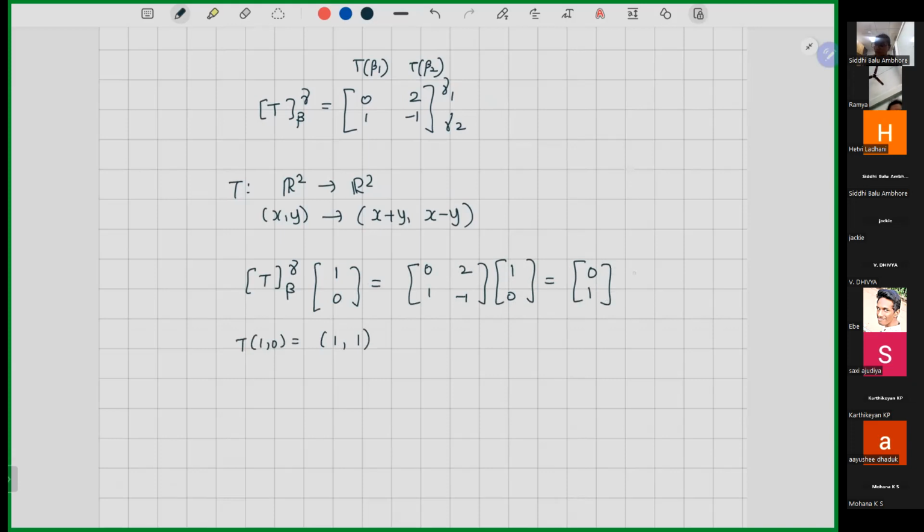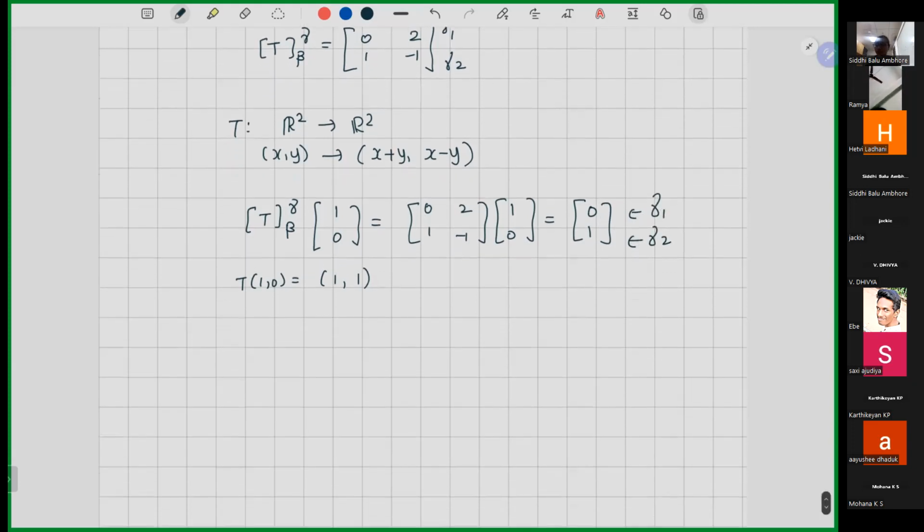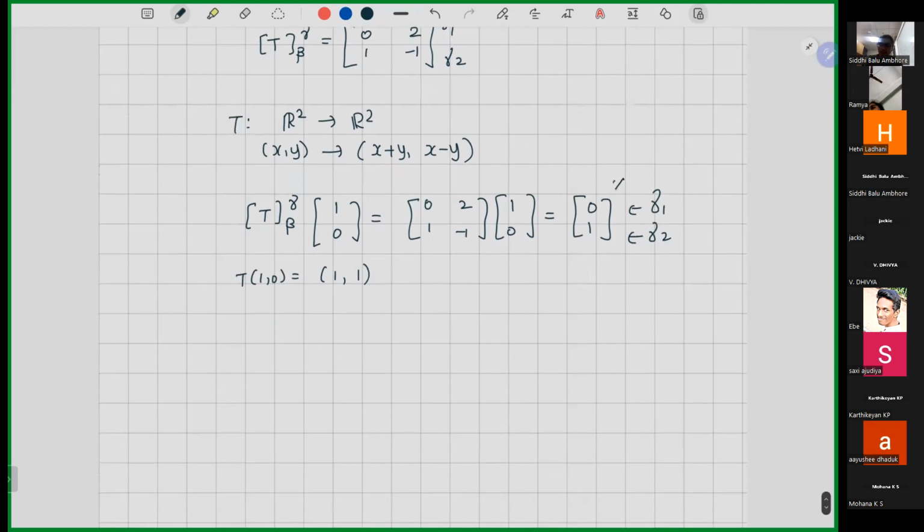But when I wrote this matrix here, these rows were obtained from the coefficients of gammas. So this first entry was indicating the coefficient of gamma 1 and this one was indicating the coefficient of gamma 2. So corresponding to this matrix, what I have is 0 into gamma 1 plus 1 into gamma 2.